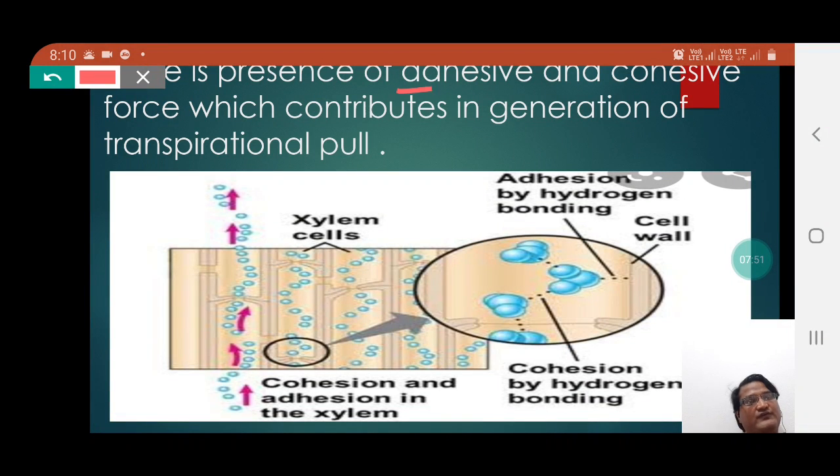So students, these forces are the adhesive and cohesive force which develop inside the vessels and which help in the generation of transpirational pull.